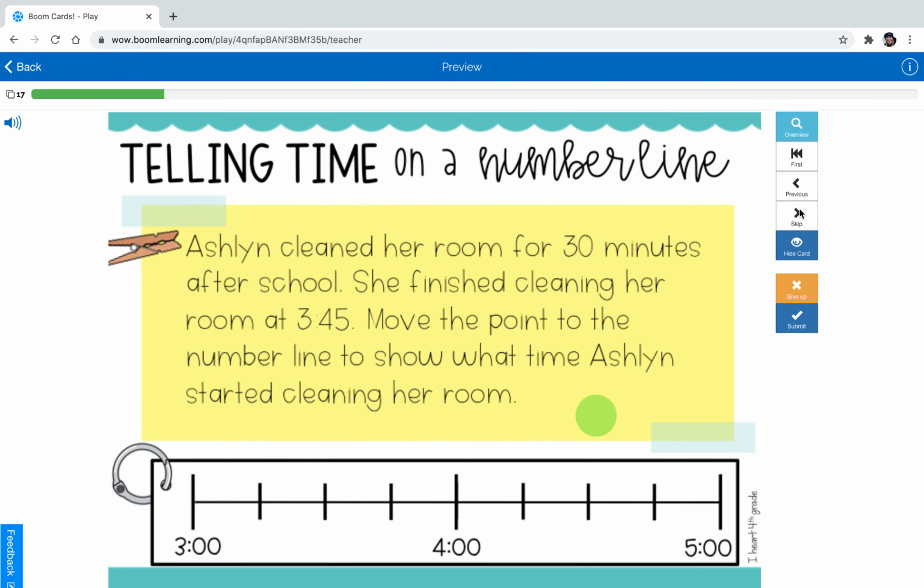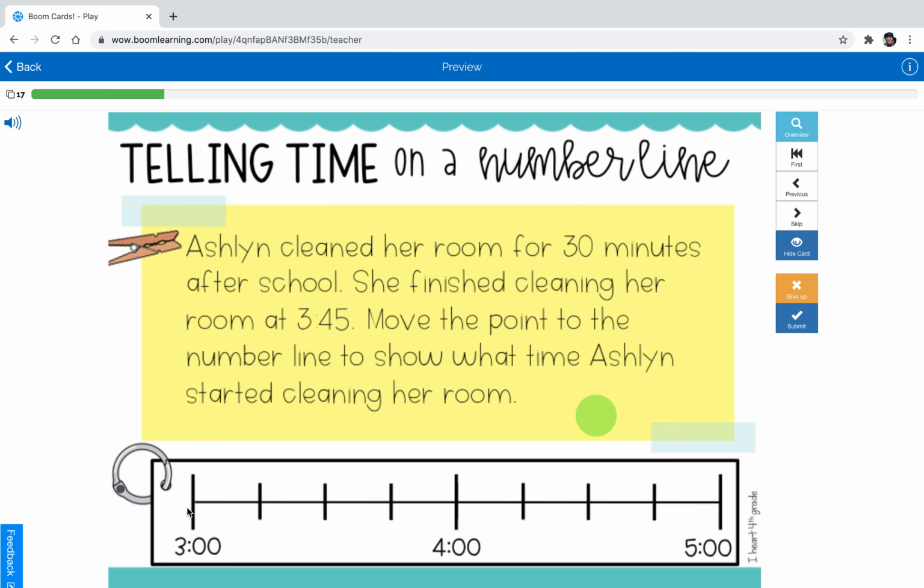I want to find one more. Okay. Ashlyn cleaned her room for 30 minutes after school. She finished cleaning her room at 3:45. Aha. Move the point on the number line to show what time Ashlyn started cleaning her room. Okay, so I know she finished at 3:45. So I'm going to start my point there.